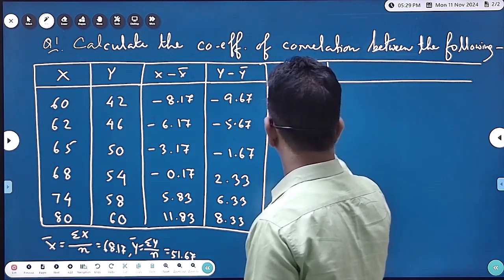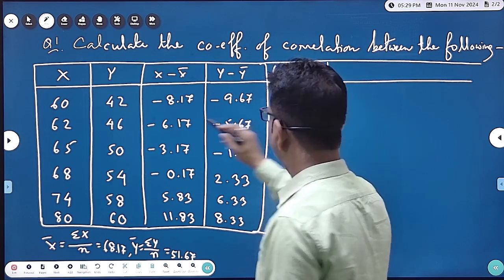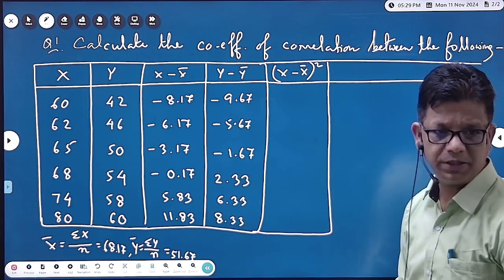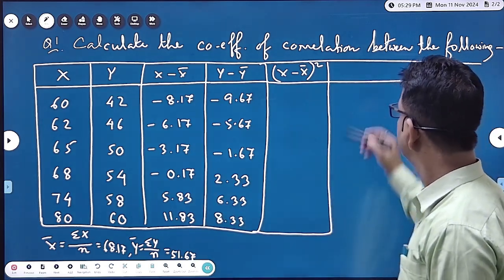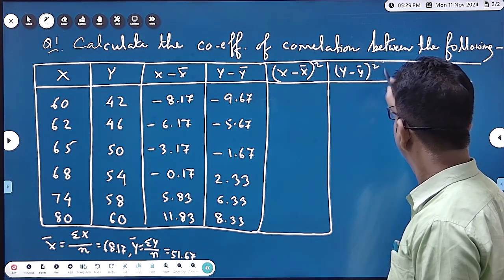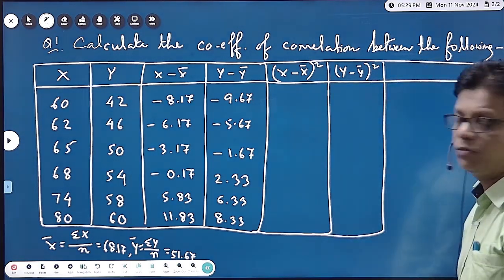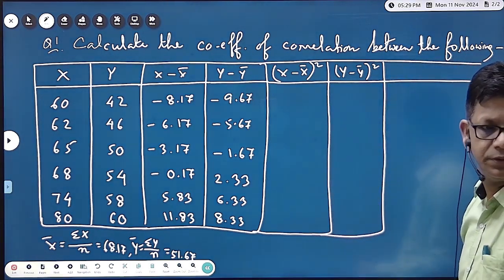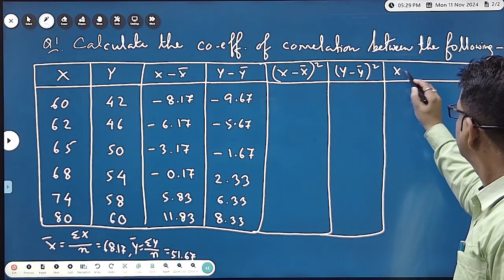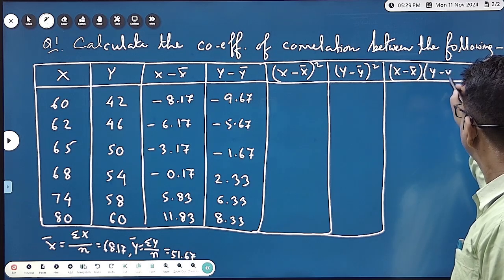So here we need to find x minus x bar whole square. Whole square means multiply by 2: minus 8.17 into minus 8.17. Here you need to do y minus y bar whole square. And the last one, we have to multiply both. So the last one is x minus x bar multiplied by y minus y bar.